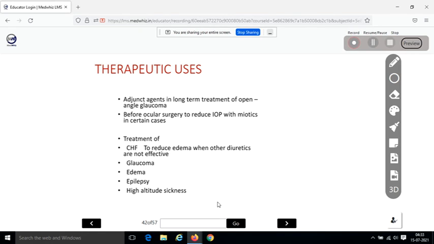But in the case of alkalosis due to excess use of diuretics in a patient with severe heart failure, saline administration may be contraindicated because of elevated cardiac filling. So in these cases, acetazolamide can be useful.